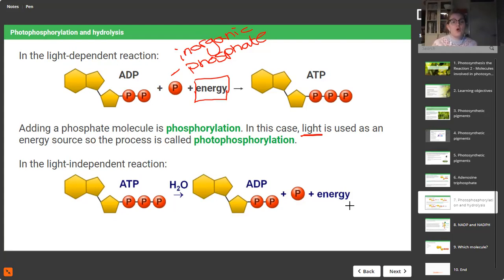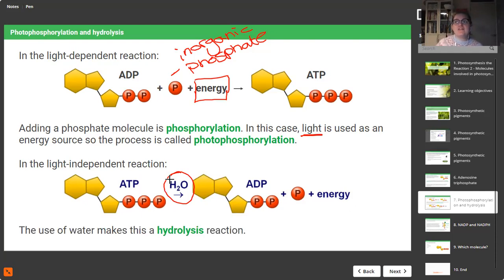To do that requires water, which you can probably recall means it's a hydrolysis reaction. So this is in the light-independent reaction, the second part of photosynthesis. ATP is broken down in the presence of water through a hydrolysis reaction, and therefore ADP, an inorganic phosphate, and energy are produced.